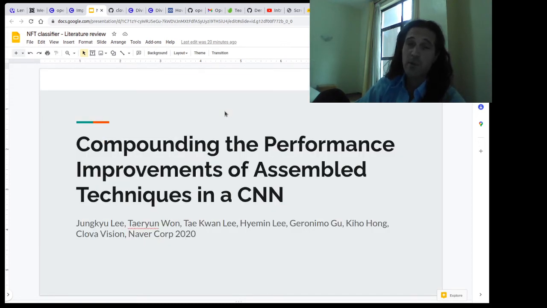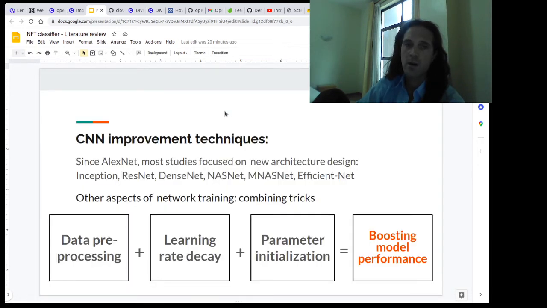The last paper is called Compounding the Performance Improvement for Assembled Techniques in CNN. It has been published in 2020. In this paper, the authors are using different improvement techniques for CNN and combining them to improve image classification tasks.